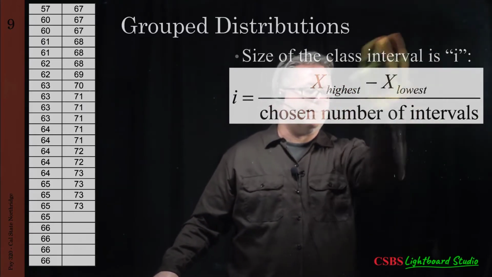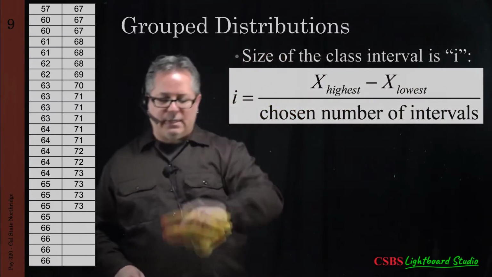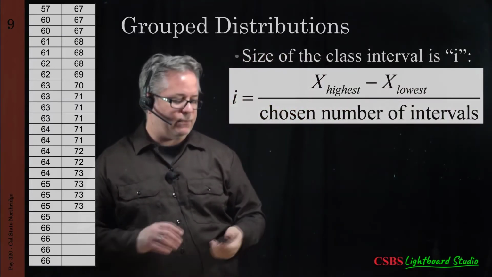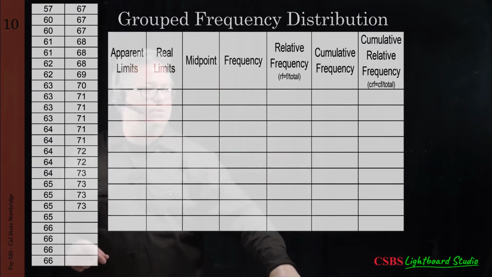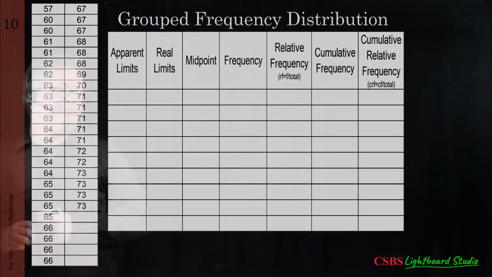All right, so we want class intervals of 2, so we can start thinking about how to make this work. I have apparent limits and real limits; I'll talk about that in a second. The apparent limits for the first one, again, we start off at 57.